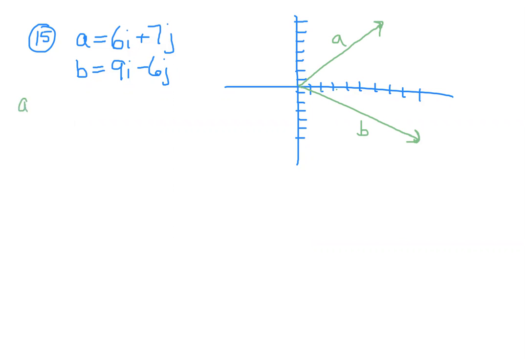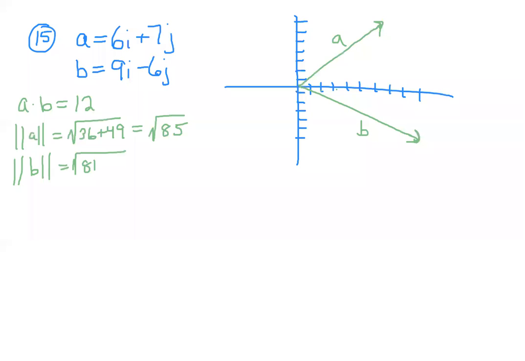So let's find what we need. The dot product is going to be 12. It's going to be 9 times 6 plus 7 times -6. And then the magnitude of A is the square root of 36 plus 49, square root of 85, and the magnitude of B is the square root of 81 plus 36.